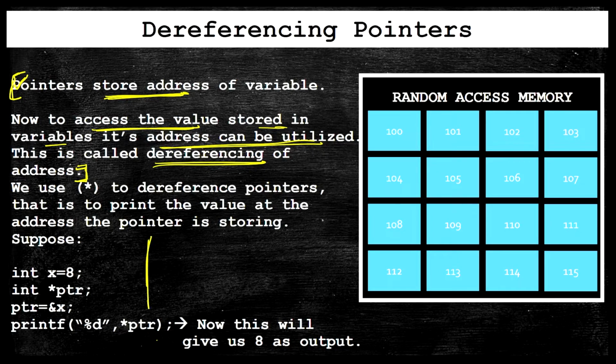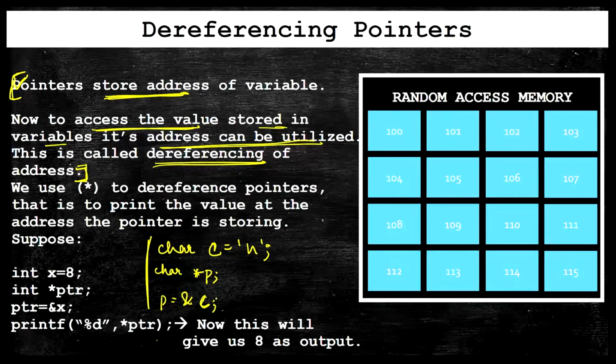Suppose here I have char c equal to 'H'. Okay, let's define a pointer to c. How do we define pointers? It will be char star t. Let t be the pointer, and over here we will add t equal to ampersand c. Okay, now let us assume that this c is occupying this 108 block.